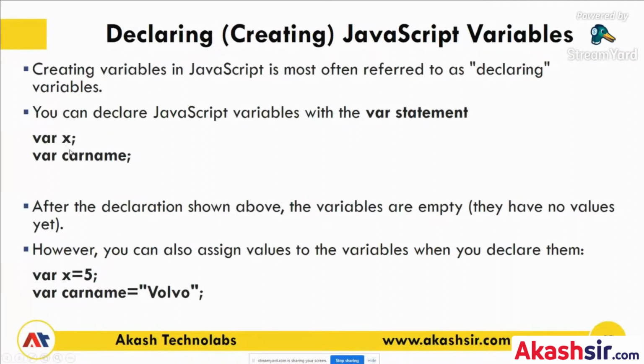Here you can see this is my variable x and this is my variable carName, and you can specify the values. The variable x has a value of 5, and the variable carName has a value of Volvo. You can define and initialize your variables like this.